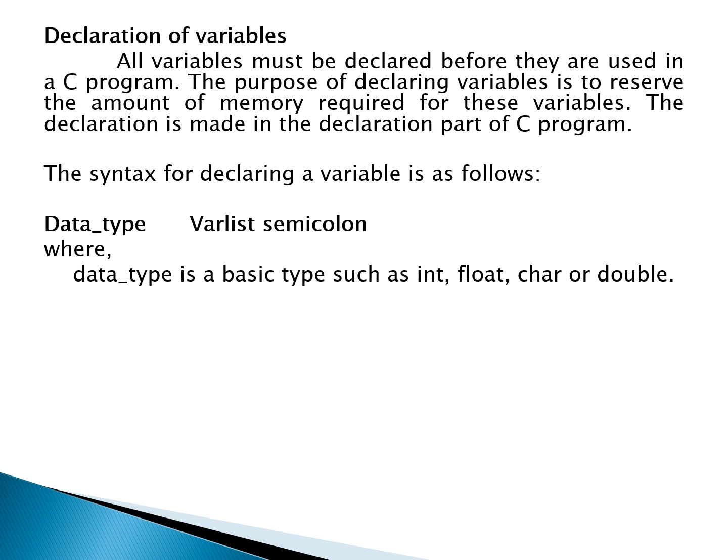Int for declaring integer variables, float for declaring real variables, char for storing a single character or a string, double for declaring real numbers with more precision as compared to float.